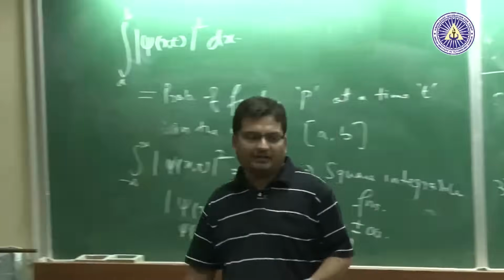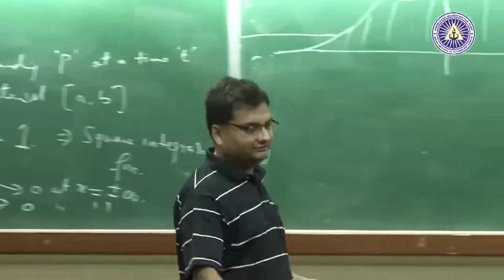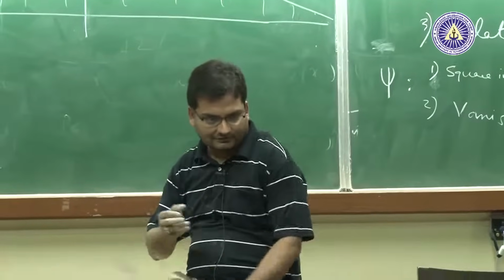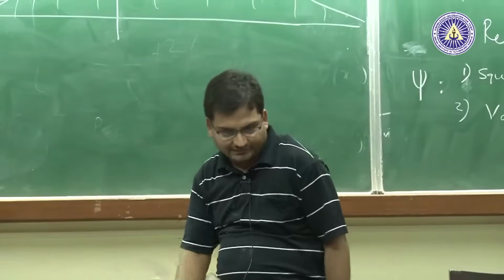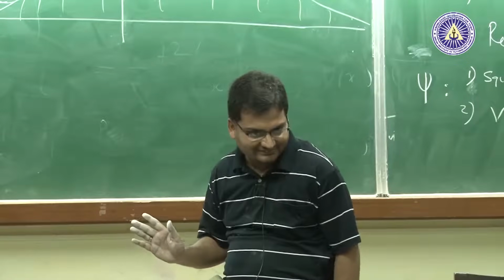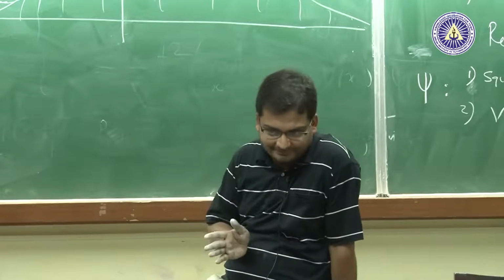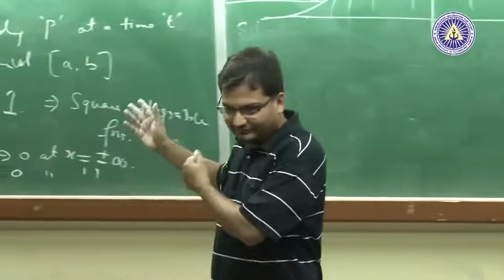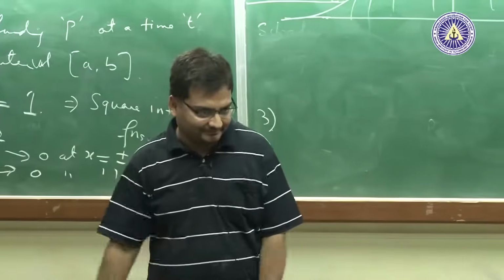Now, of course, you can tell me that there is a wave function, for example, psi is equal to 1 everywhere. No, that is not a square integrable function. So, that cannot be a valid wave function, right. So, the space of total functions is a much larger space than the space of allowed wave functions.